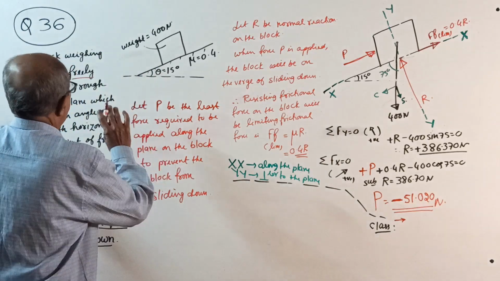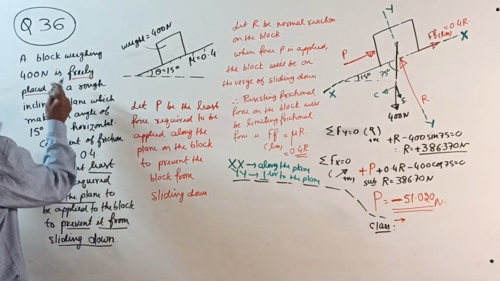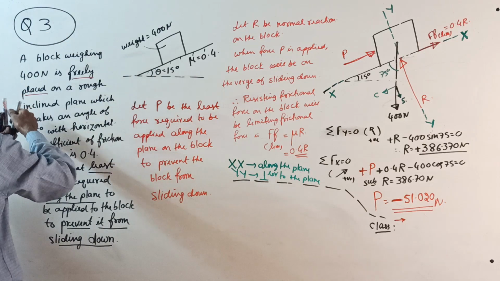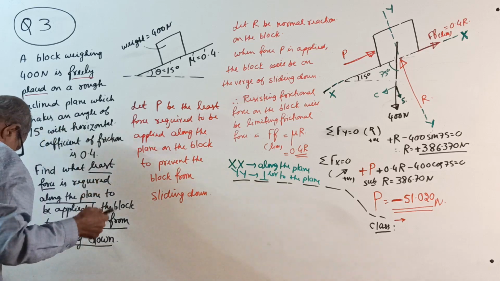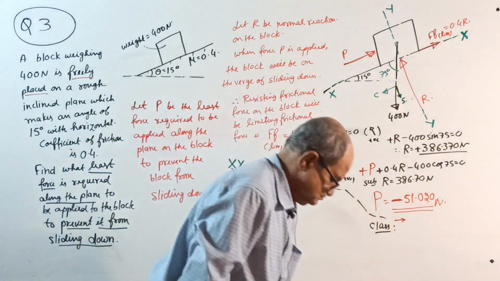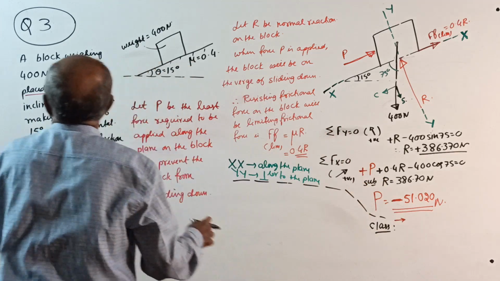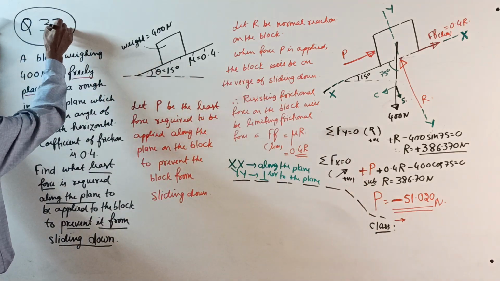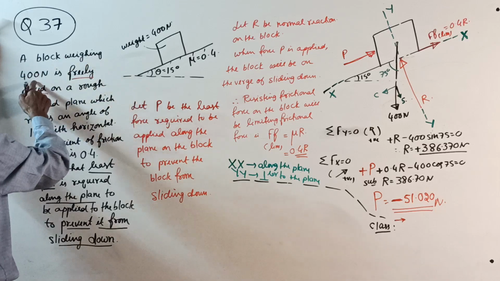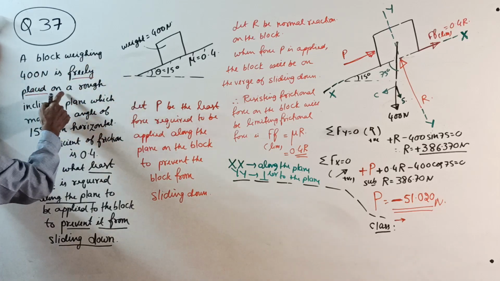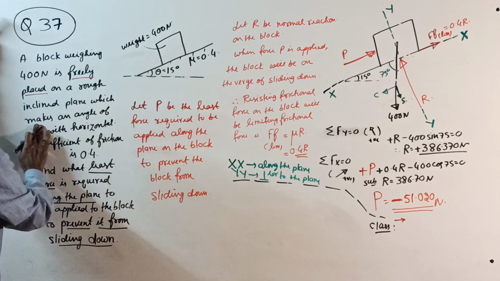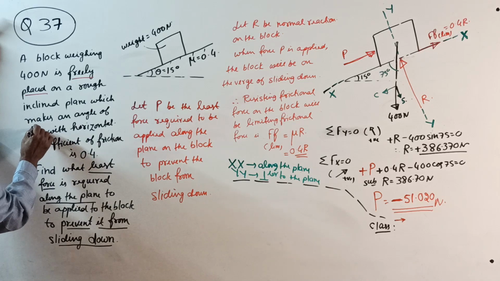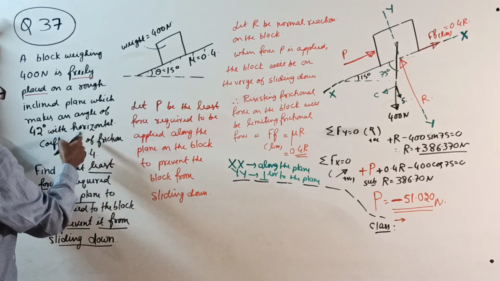Okay. Question number 37. Solve now. A block weighing 400 Newton is freely placed on a rough inclined plane which makes an angle of 42 degrees with horizontal.